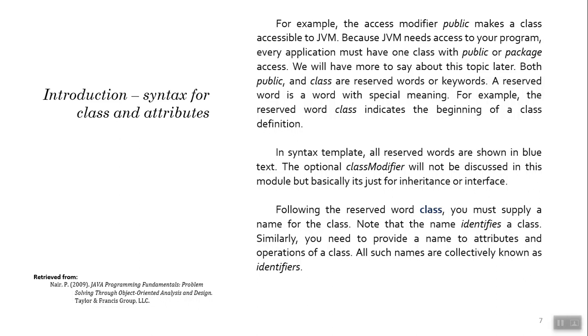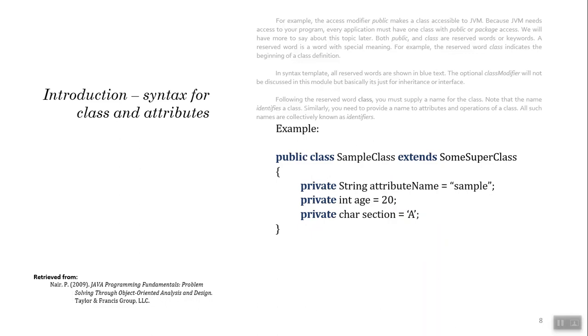Similarly, you need to provide a name to attributes and operations of a class. All such names are collectively known as identifiers. So the names that we give to our class or attributes or methods are called identifiers. So we identify those elements of a class.